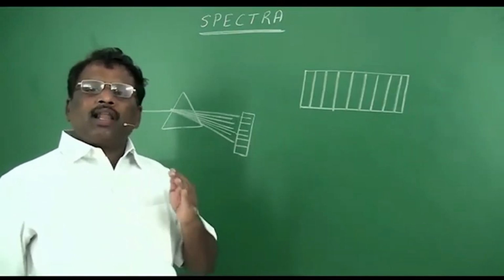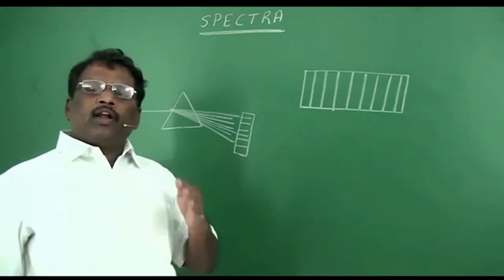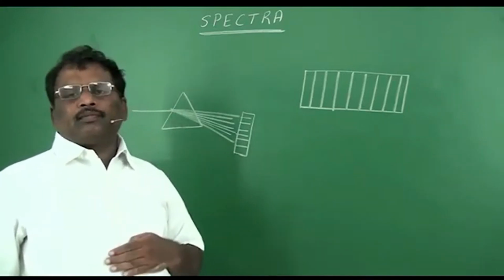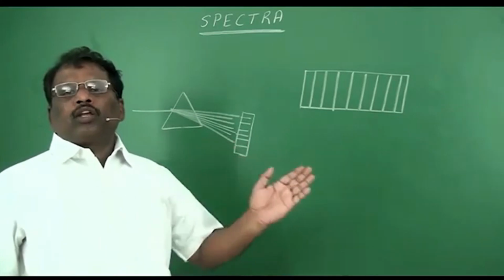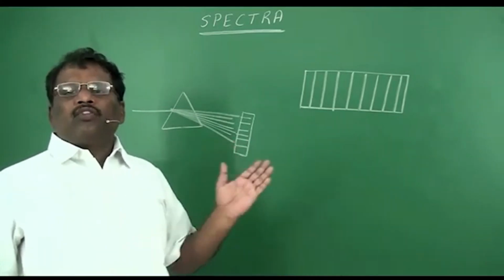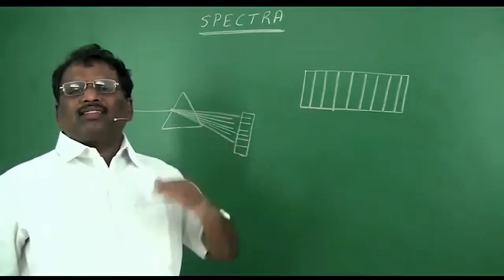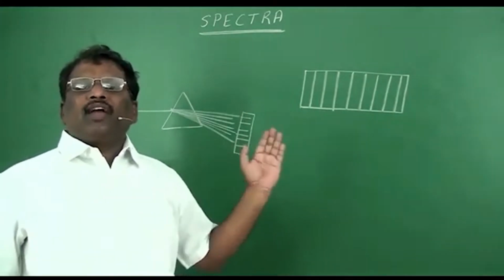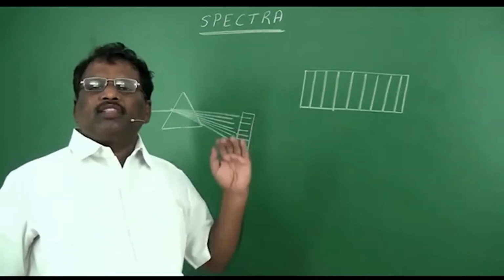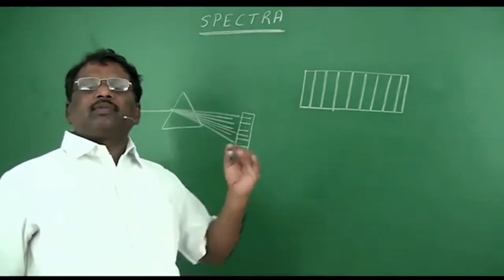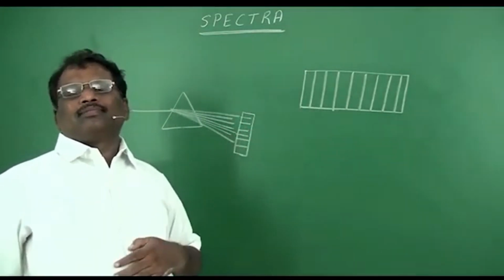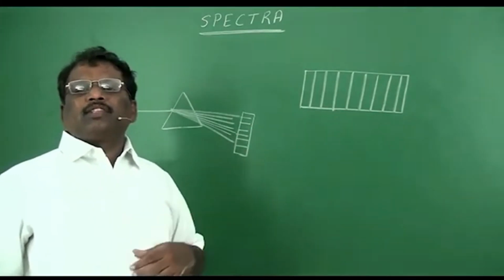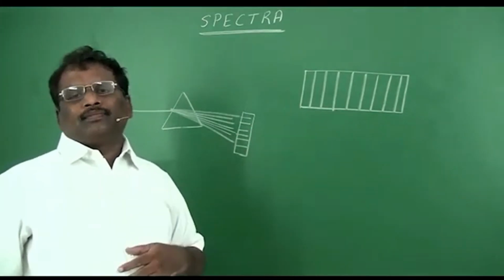When this dispersed light was recorded on a photographic plate, in that photographic plate you will find some group of lines. Each line indicates a specific wavelength.